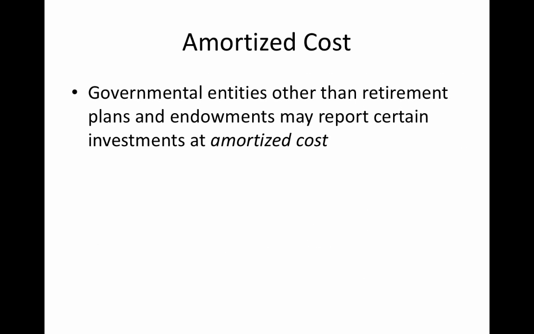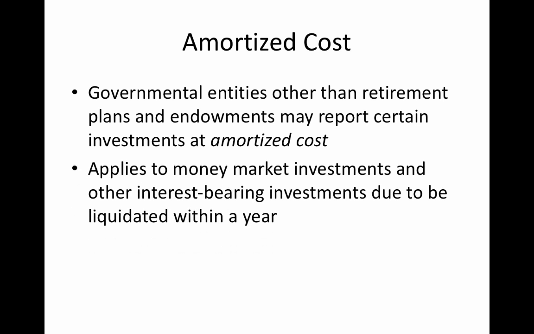You should also know that some investments can be reported by governmental entities other than retirement plans and endowments at amortized cost. And what we're talking about here are essentially very, very liquid, very short-term investments like money market investments.